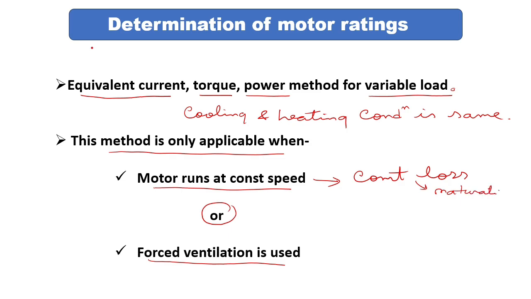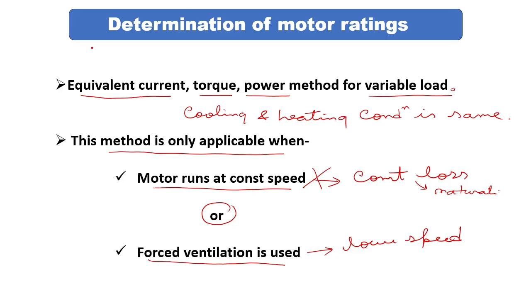And if the motor does not satisfy this condition, then we check if forced ventilation is used or not. If forced ventilation is used, even at lower speed, the heating and cooling condition will be the same, and we can use this method.